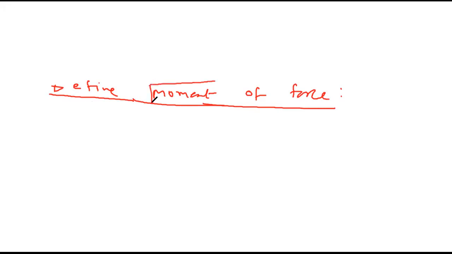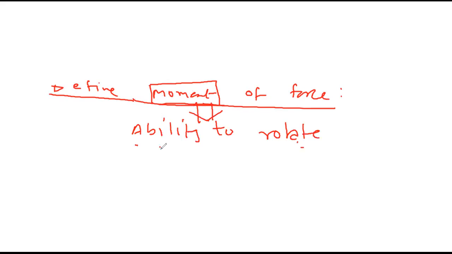Moment, in physics, means the ability to rotate. So whenever the word moment comes, you should think that it is the ability to turn or rotate, also called turning effect.